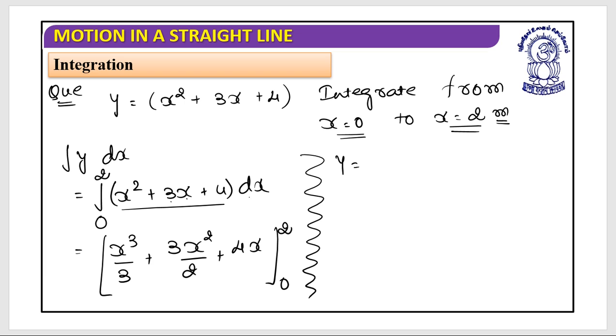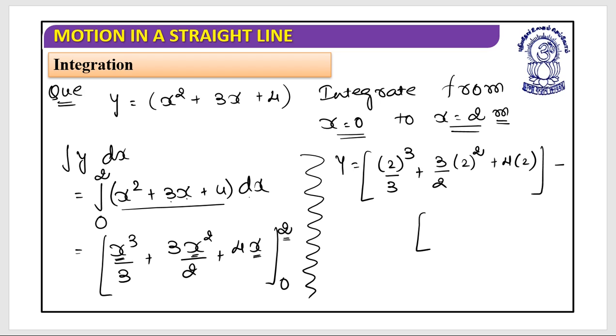That means y is equal to, I need to put in the upper limit first. Wherever I can see an x, I will replace it with the upper limit, and then minus the lower limit. So y is equal to 2 cube by 3 plus 3 by 2 multiplied by square of the 2 plus 4 into 2, minus the lower limits.